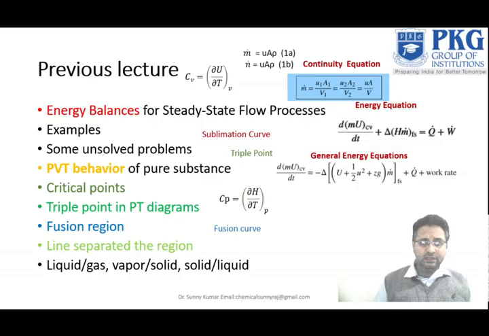So we have discussed that, and the critical point and the triple point. At the triple point, all three phases exist: solid, liquid, gas. And you have also seen the degree of freedom for the triple point, which we have discussed and solved.